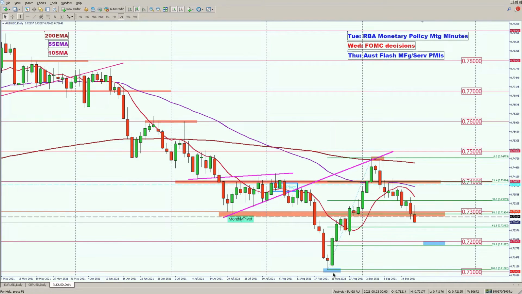And further down is a retest of this recent swing low, the low of August. So that's closely aligned with the 0.7100 area.